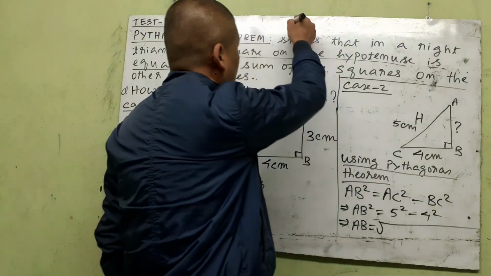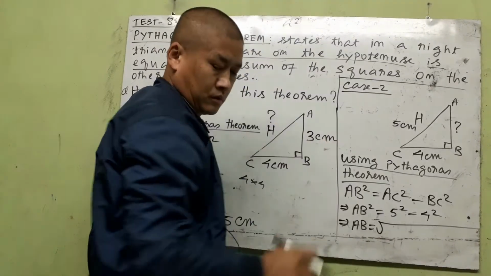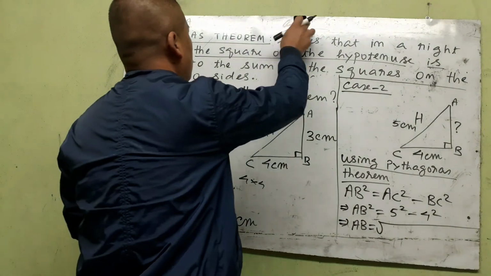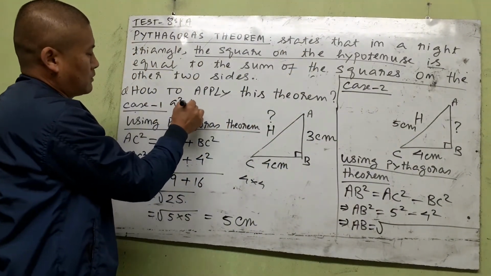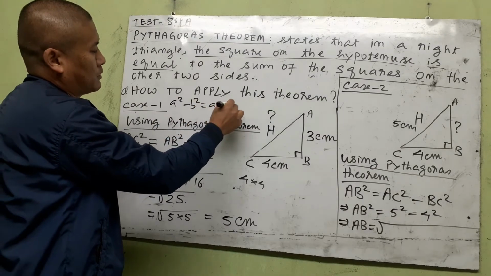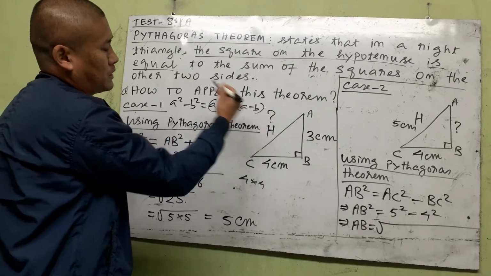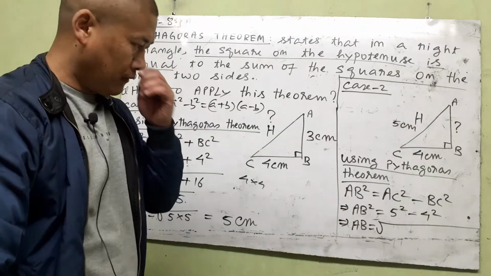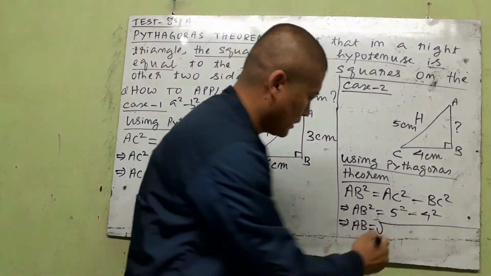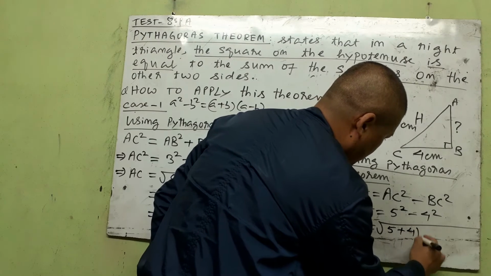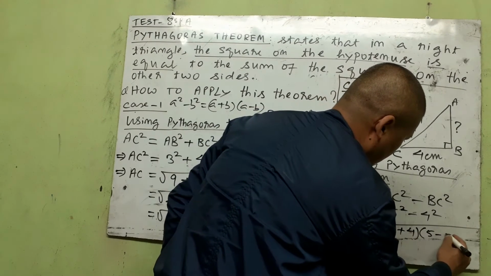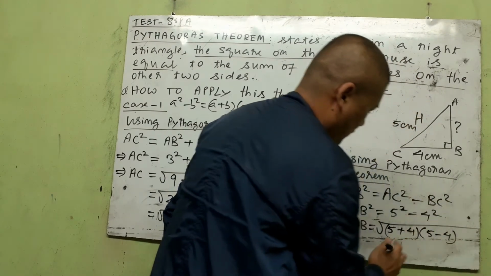Now, in our lower classes also we did, there's one formula which says A square minus B square is equal to A plus B into A minus B. Let us apply that formula. So here, A square minus B square: A is 5, so 5 plus 4, A plus B, into A minus B, 5 minus 4.